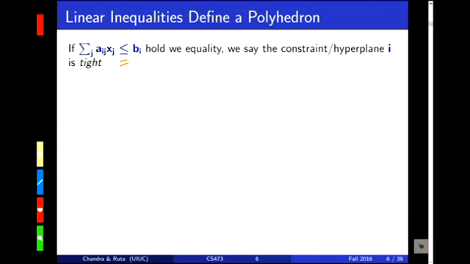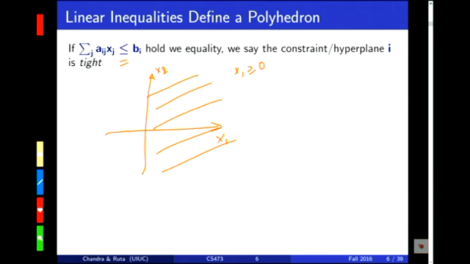Suppose you are in 2 dimensions, and I say x1 greater than or equals 0, this constraint. What half space does it form? It is all these points, right?